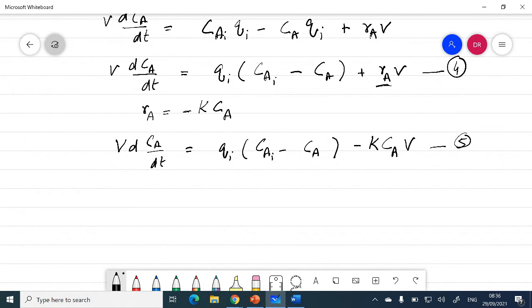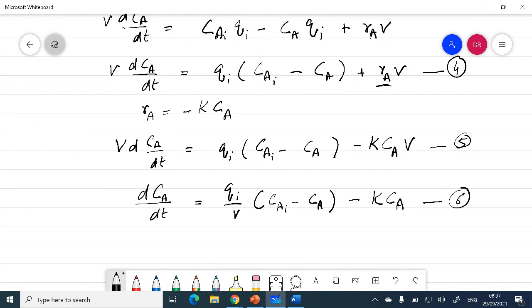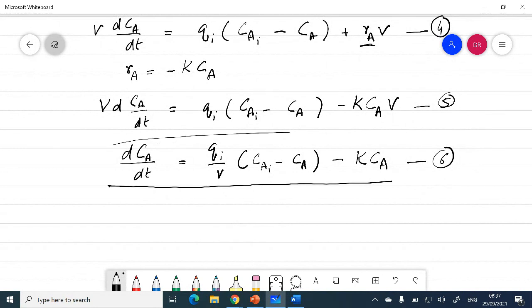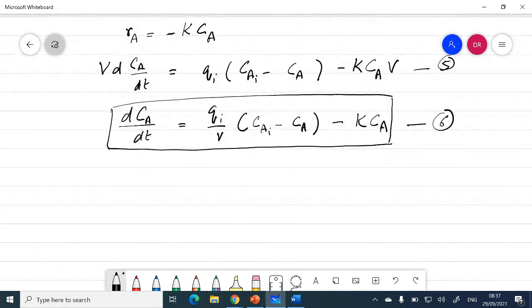Now we can divide by volume on both sides. If we divide by volume on both sides, we have dCA by dt equal to QI over V into CAI minus CA, and here the volume is cancelled out, and we have minus K into CA. So this is the final form of the dynamic model, and it represents how concentration changes with time.